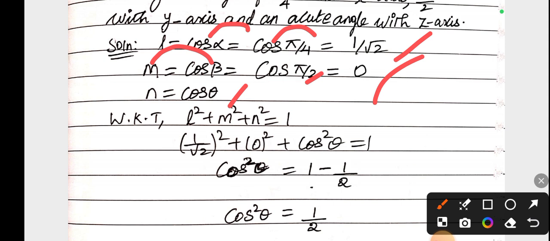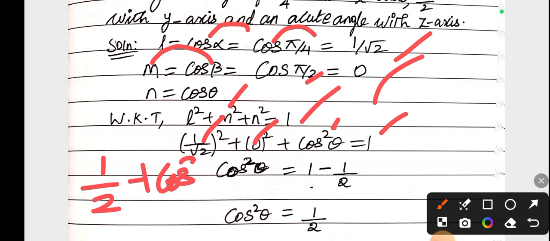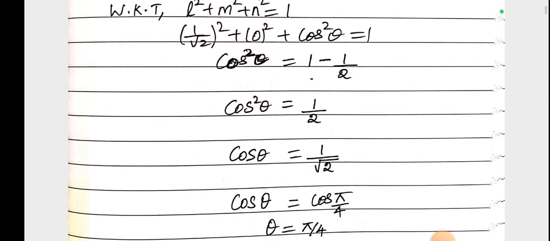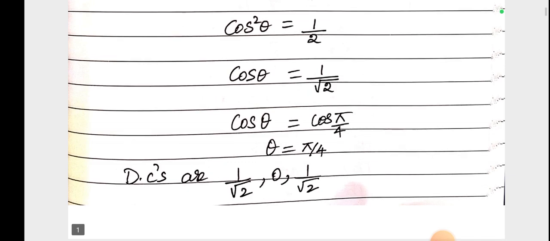n is cos theta. Then what is the formula? l square plus m square plus n square equals 1. So 1 by root 2 square plus 0 square plus cos square theta equals 1. We get 1 by 2 plus cos square theta equals 1, so cos square theta equals 1 minus 1 by 2, which is 1 by 2.